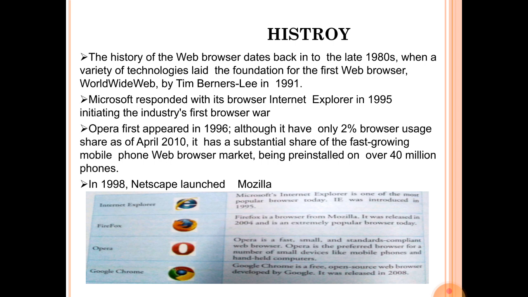It means up till now, only about 2% of people use Opera. It has a substantial share of the fast growing mobile phone browser market, being pre-installed on over 40 million phones. It means it is most usable for the mobile browser.